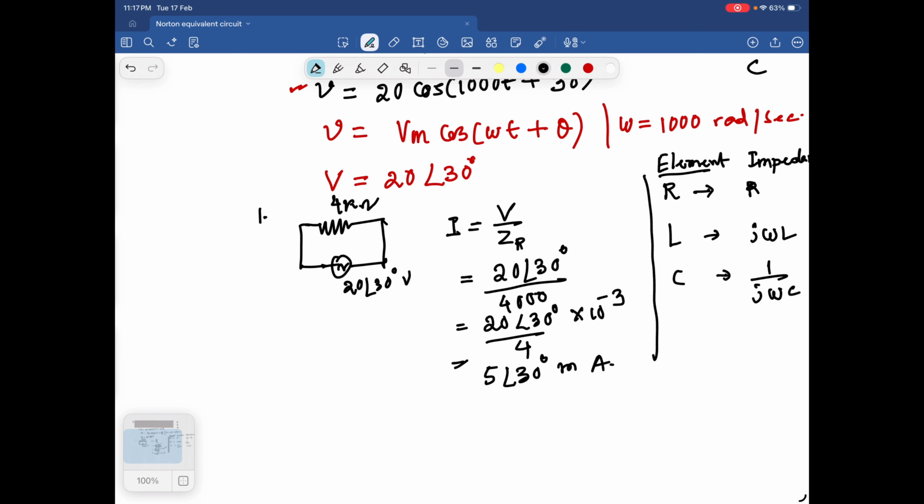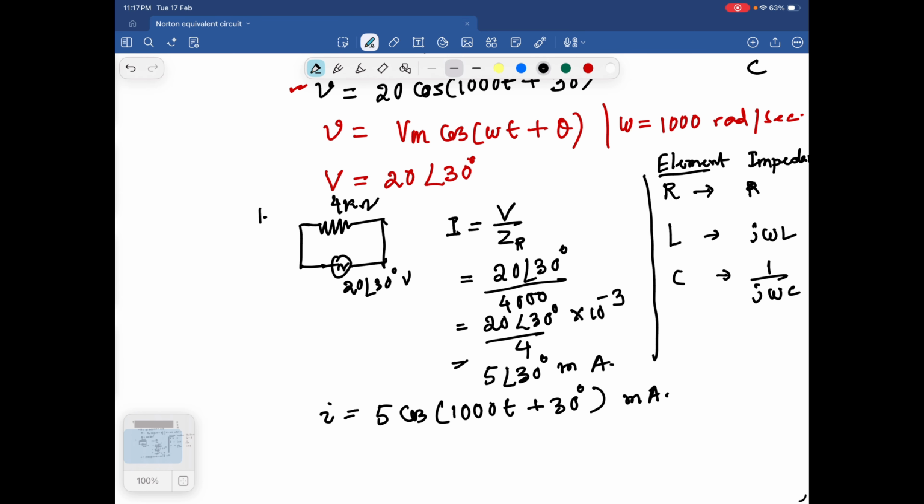Now what will be the instantaneous current? If the resistance 4 kilo ohms is connected, then I is equal to 5 cos of 1000 t plus 30 degree milliampere.